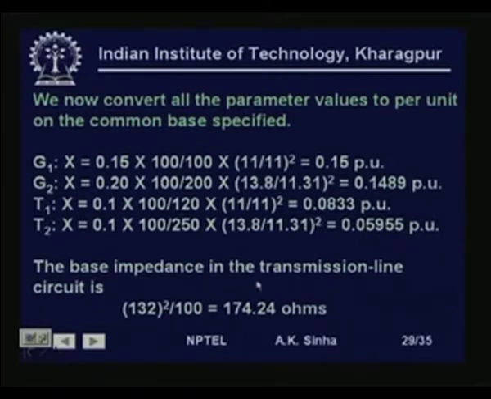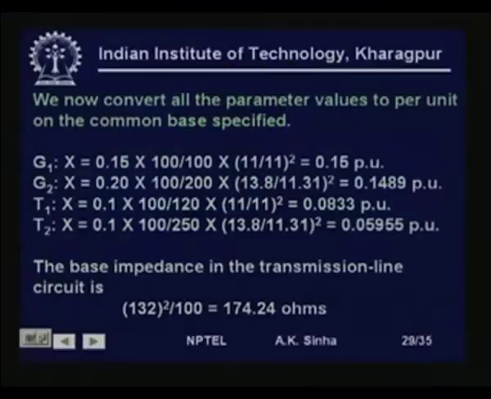The base impedance of the transmission line circuit is going to be 132 kV squared by 100, because the voltage base is 132 kV for the transmission line and the MVA base for the whole system is chosen as 100. Therefore, the base impedance is base kV squared divided by base MVA, which is equal to 174.24 ohms.